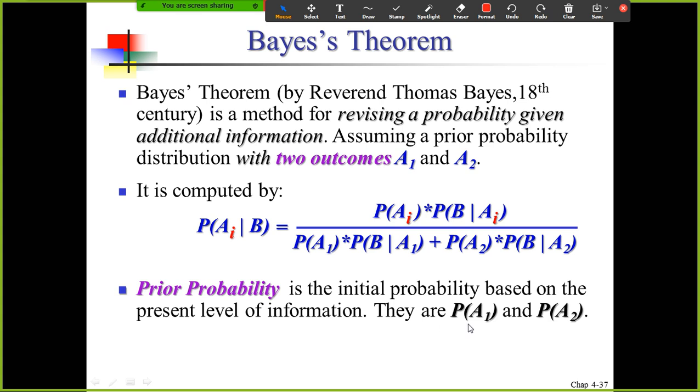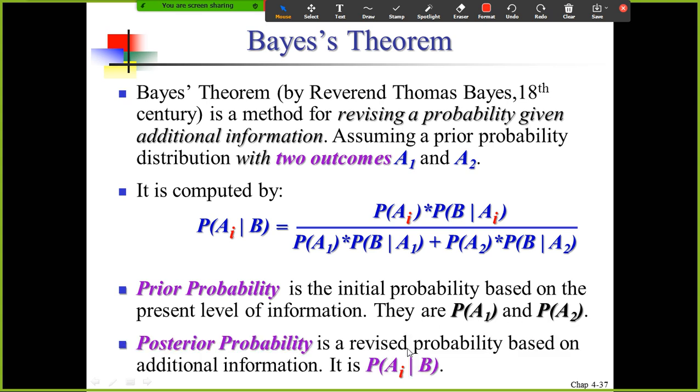So they are probabilities A1 and A2. Posterior probability should be prior before, posterior later. That's why we can say it is the opposite. This is the first probability, this is the last probability.